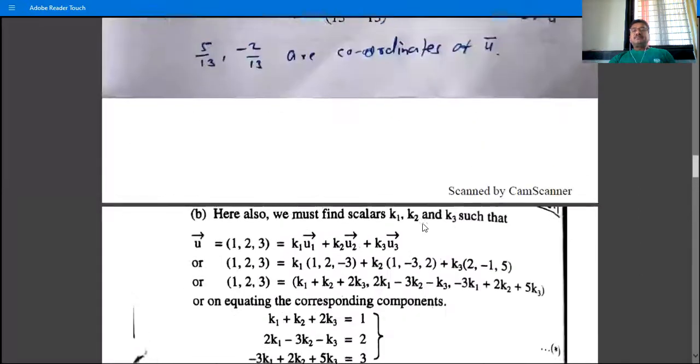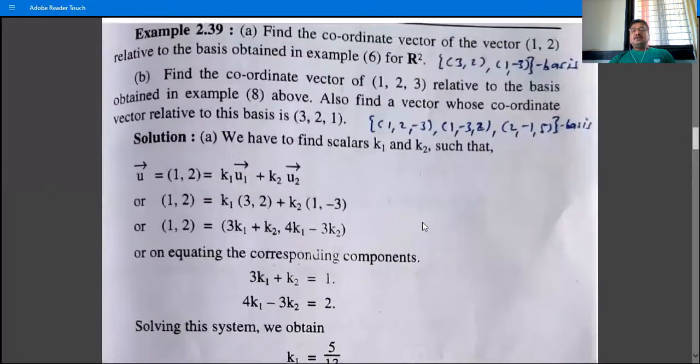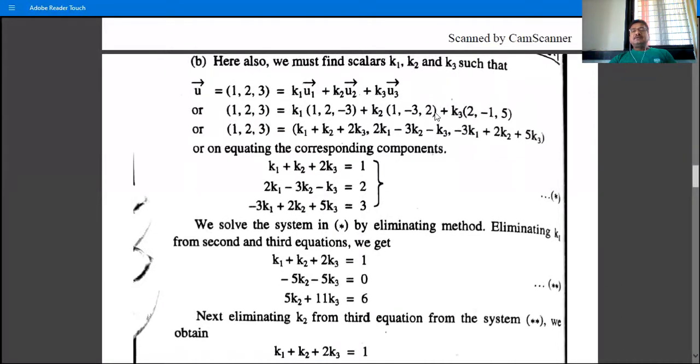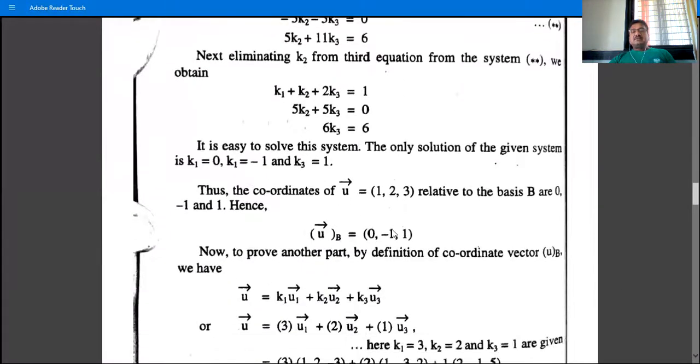Also find the coordinates relative to this basis. The 1 2 minus 3, okay, so this is the answer.